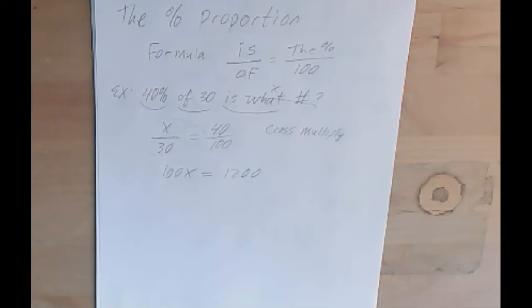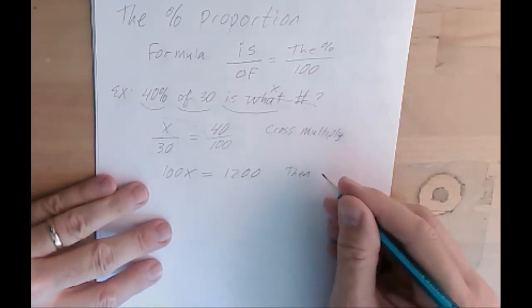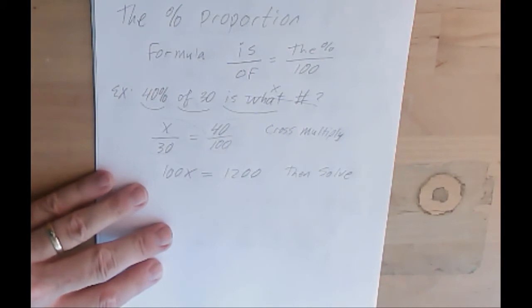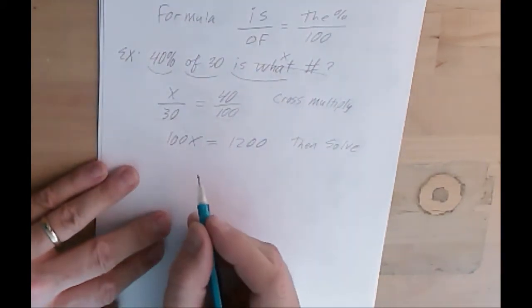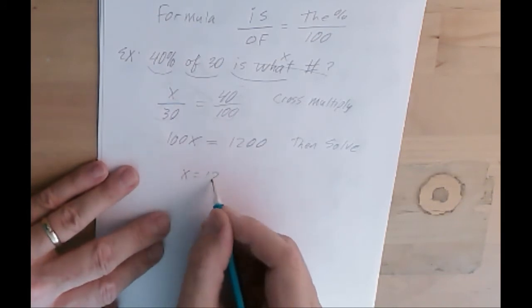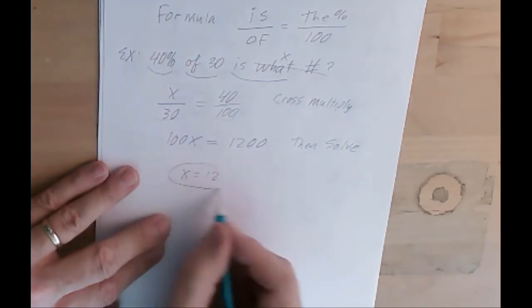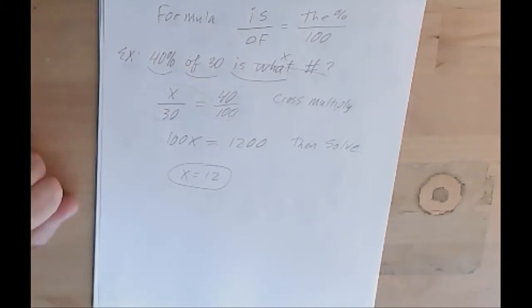There's my cross multiply. Then solve. Usually that's just going to involve division at this point. Sure enough, if I divide each side by 100, I get x equals 12. We go back and think, all right, 40% of 30 is 12. Yeah, makes sense.